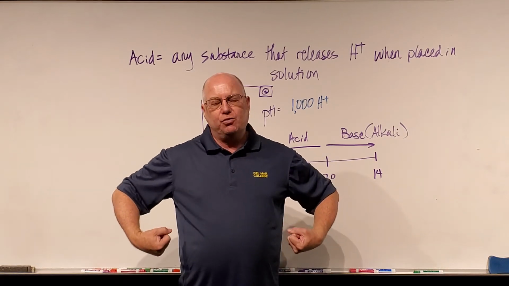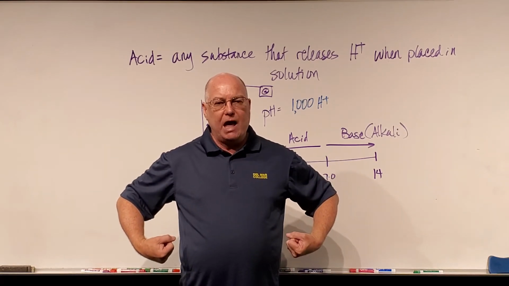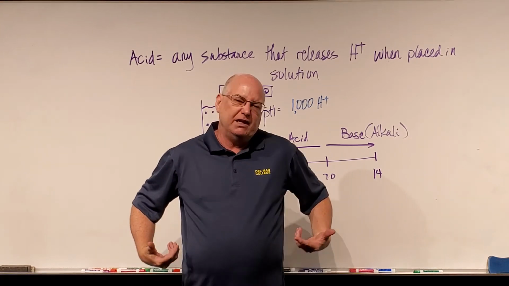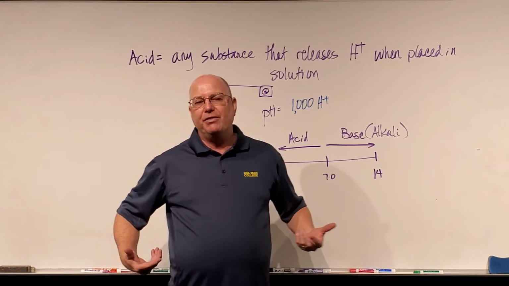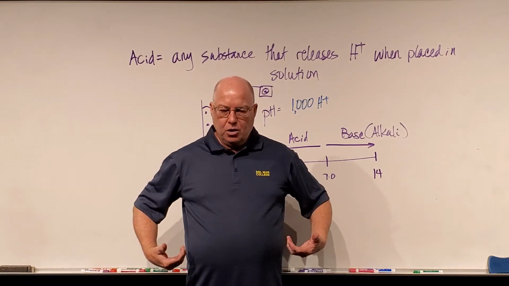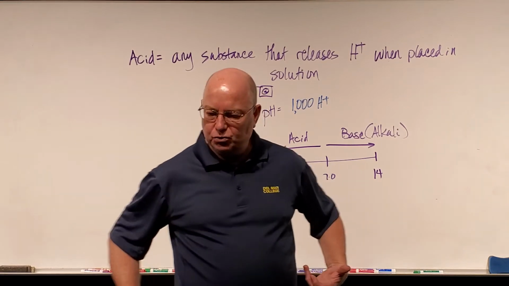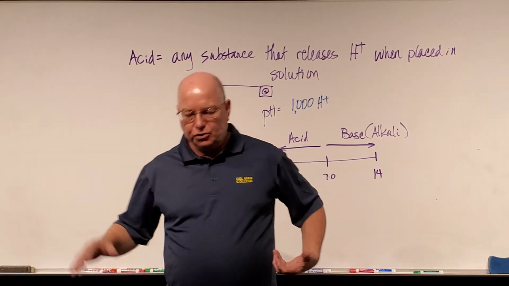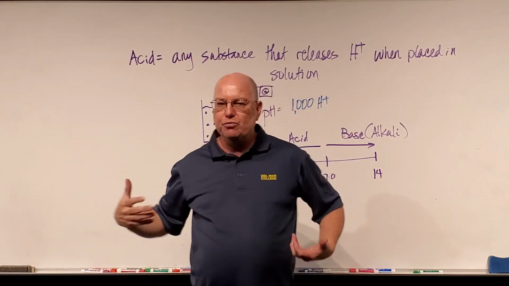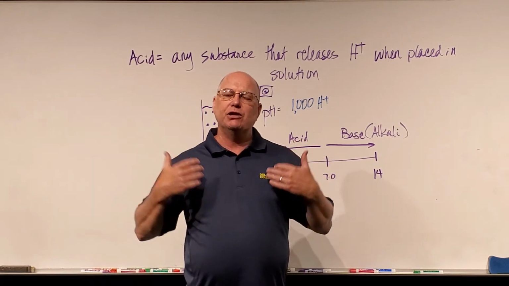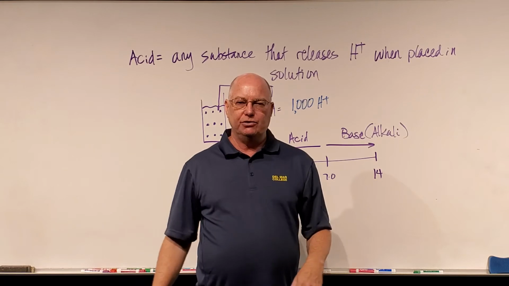The basketballs represent hydrogen atoms that are bound to some other substance or molecule, like in water or methane gas or whatnot. If they walk into the room and they release one of those basketballs so that the basketballs are rolling around in the room, not attached to a person, then they're an acid because they're going to release hydrogen ions when they enter the solution.